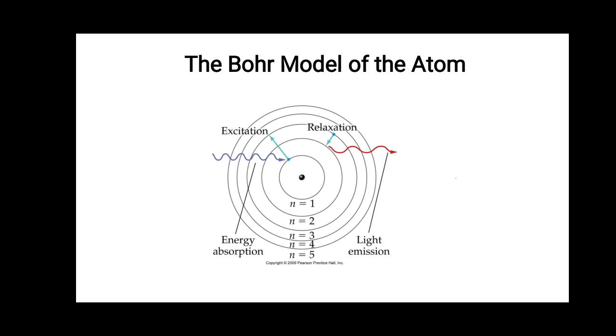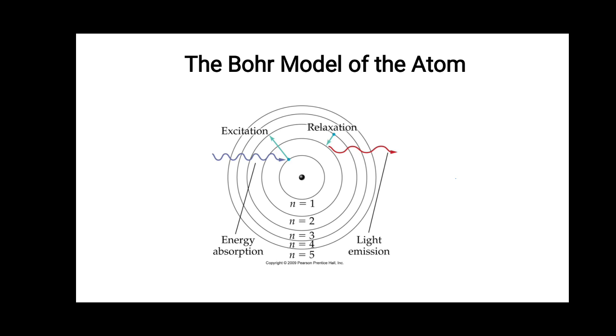Such orbits are called stationary orbits, right? Electrons are in the n1 energy level, the first energy level. When they absorb energy, they get excited and go into the n2 energy level, the higher energy level.